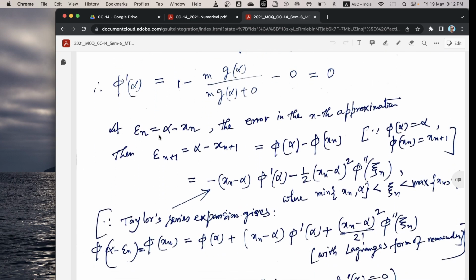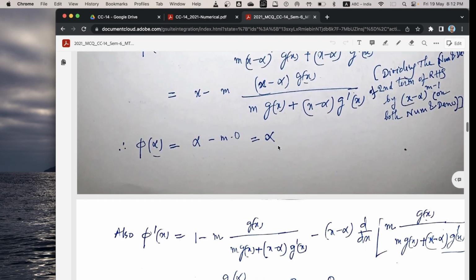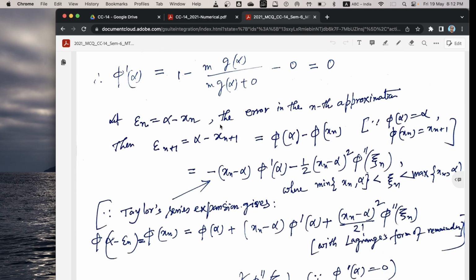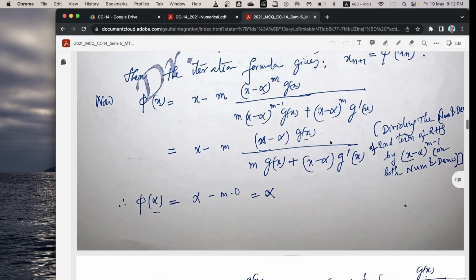Let epsilon n equal alpha minus x(n), the error term of the nth approximation. Then epsilon(n+1) equals alpha minus x(n+1). And alpha is equal to phi(alpha), and x(n+1) equals phi(x(n)) is the iteration formula.